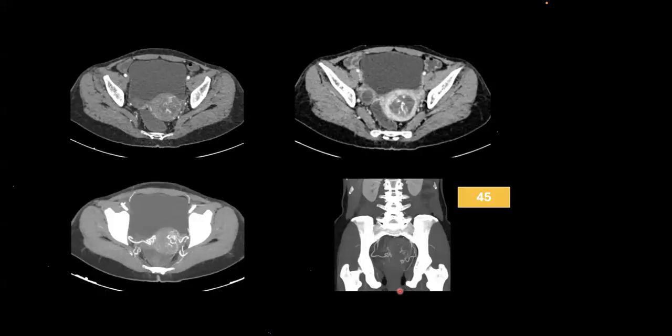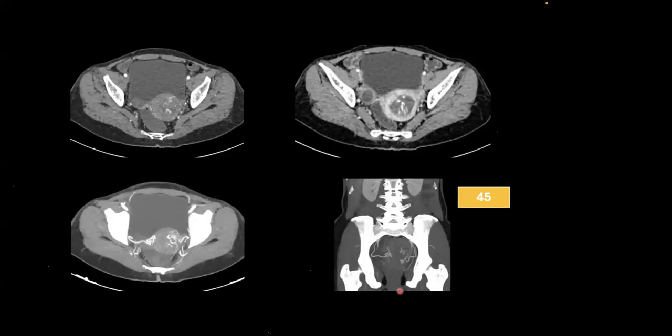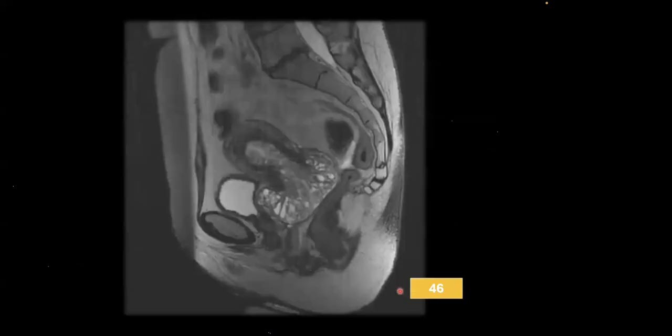So now the prominent vessels, the vessels which are dilated and tortuous, they are within the uterus, right? So earlier they were outside, so we called it pelvic congestion. And in this case, they are within the uterus, AVM, correct. 46.